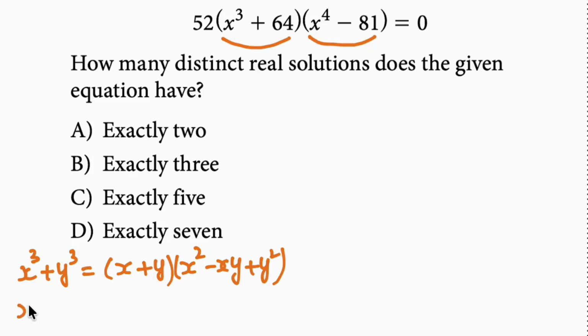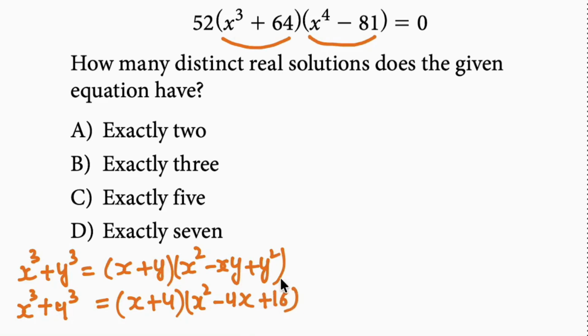So what we have, x cubed plus 64 is x cubed plus 4 cubed. So that is x plus 4 times x squared minus 4x plus 16, right? So these are the factors of this.